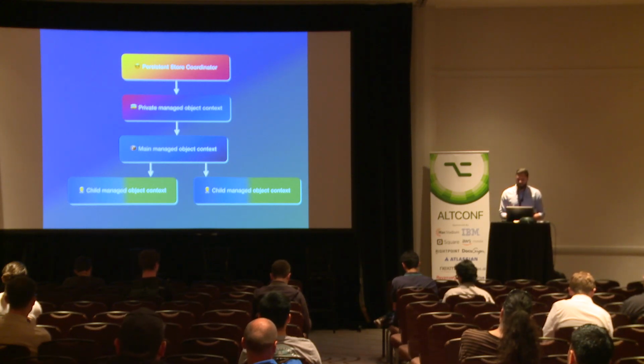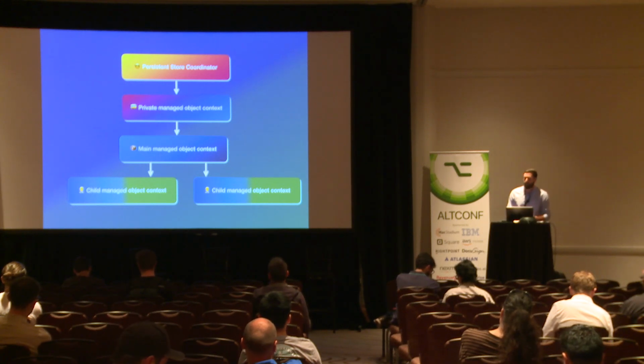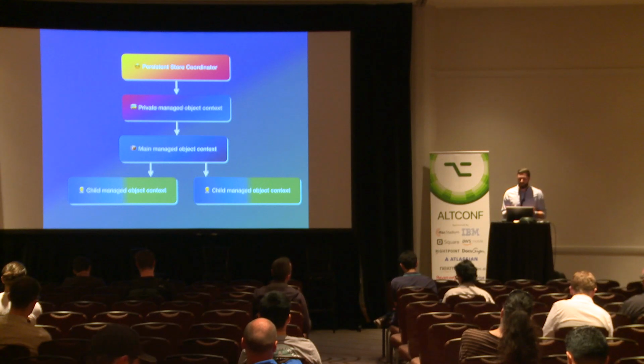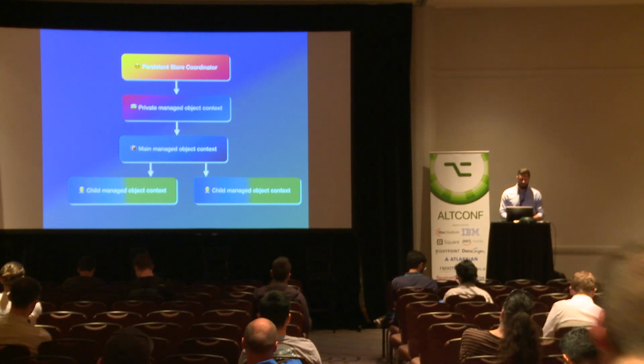In that case, we can easily avoid blocking the main thread because we are not pushing to the persistent store directly, but with the support of the persistent coordinator. It's responsible for that action. The obligation of the coordinator in that case is to manage all changes and then push them directly to the persistent store.